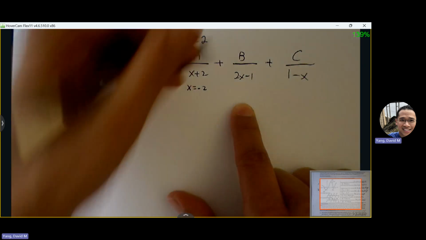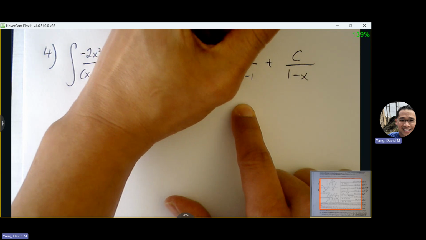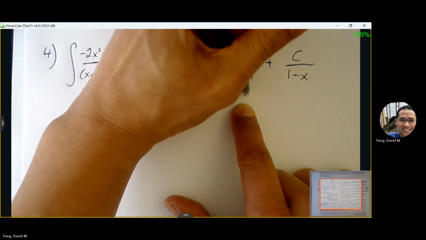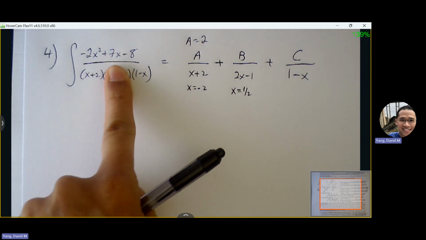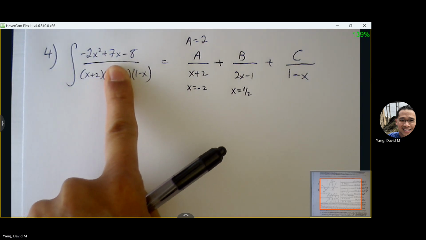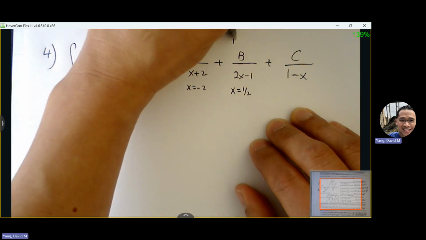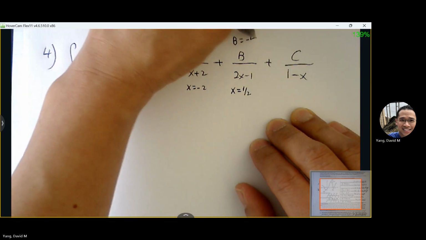Next up, 2x minus 1. If I set that equal to 0, I get x equals 1/2. Cover up the 2x minus 1 and replace every x with 1/2. It's a little messy, but it ends up giving us B equals -4.